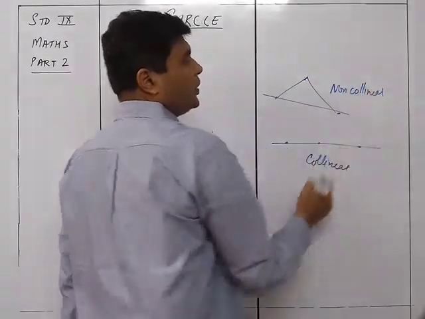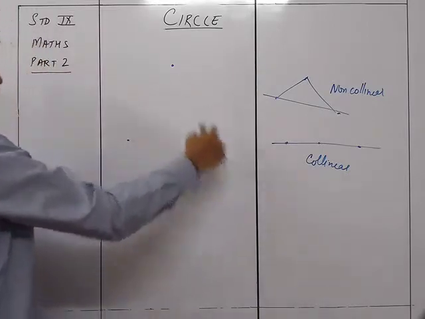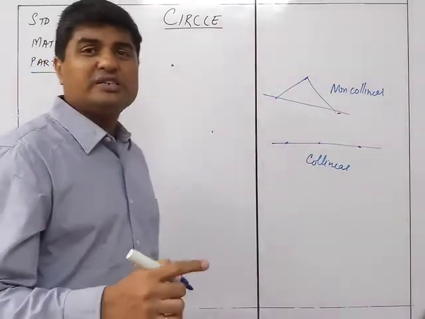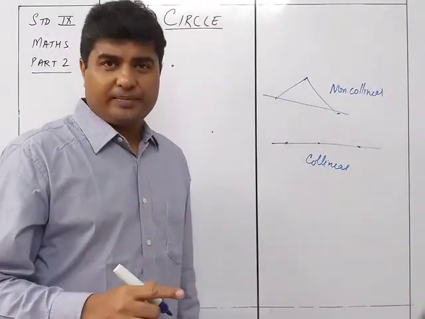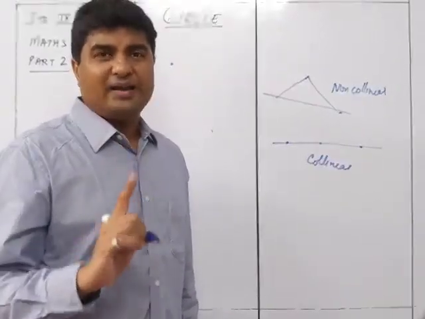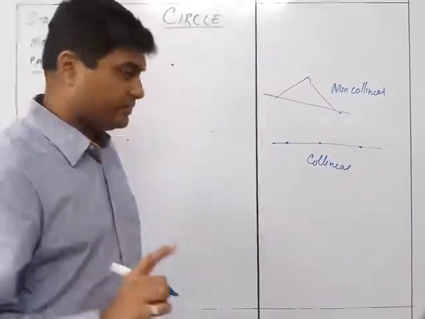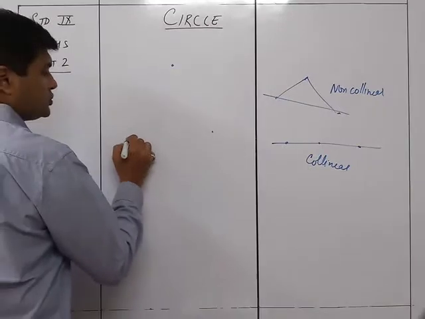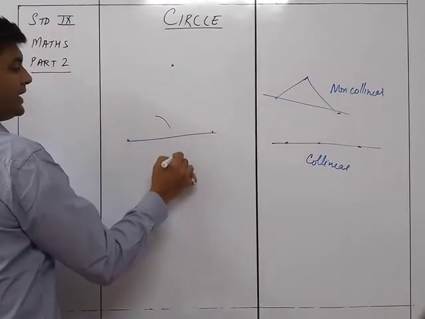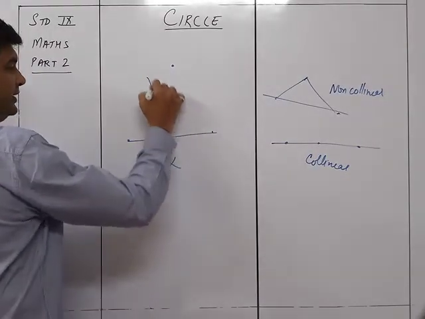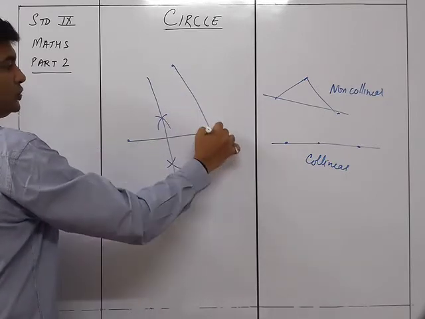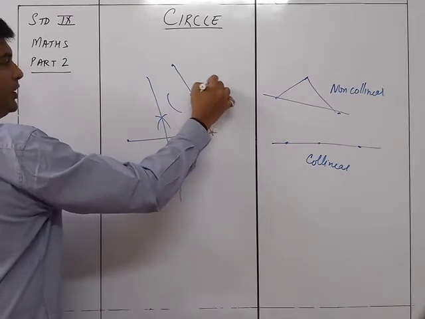If the 3 points are non-collinear and I want to draw a circle passing through all 3 of them, I can draw only one circle which could pass through all three. That is how we do it: I am going to join these two and draw the perpendicular bisector of this. I am going to join these two and draw a perpendicular bisector of this.